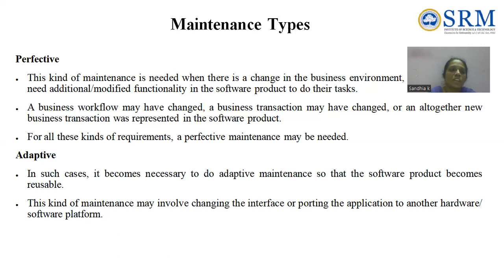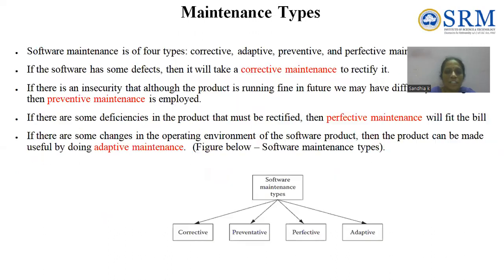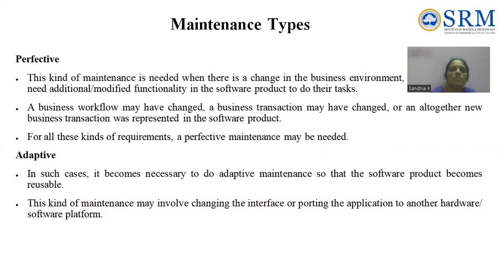We have discussed several types of software maintenance, that is corrective, preventive, perfective and adaptive. In this topic we are going to concentrate more on perfective and adaptive. Perfective, in the sense, if you want to improve the software performance, you can go for perfective maintenance.